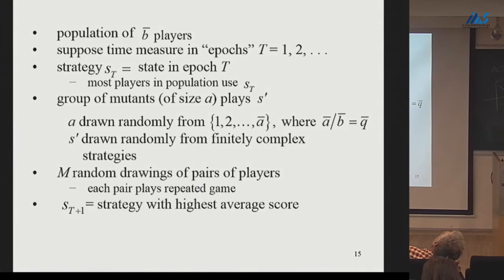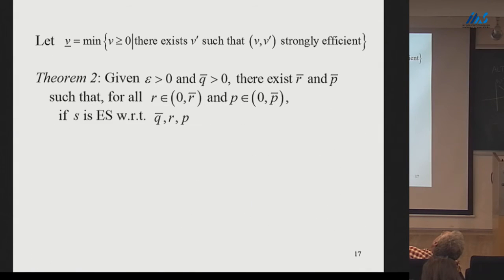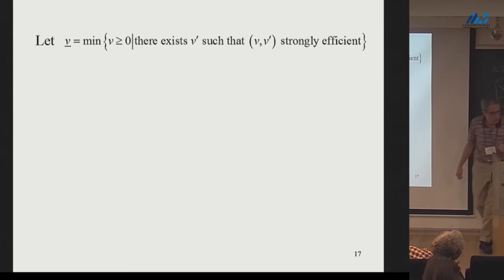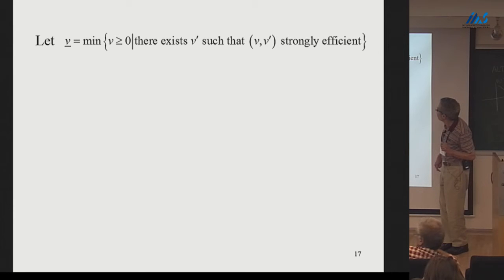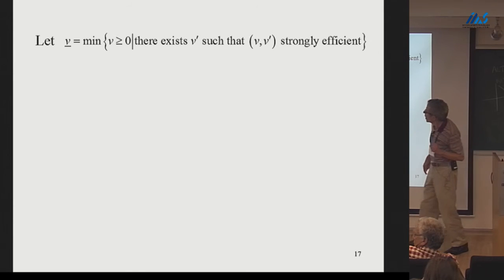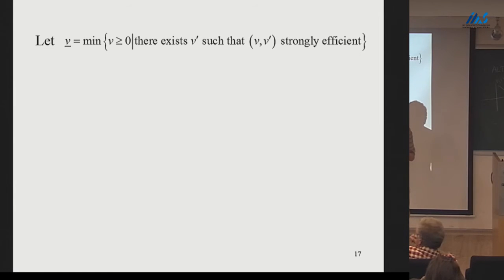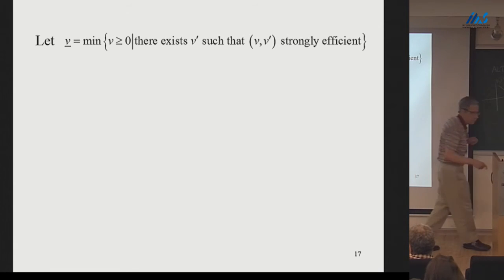Okay. So let me get to the first result that I'm going to talk about. To do that, it'll be helpful to look at the minimum feasible payoff that is consistent with strong efficiency.